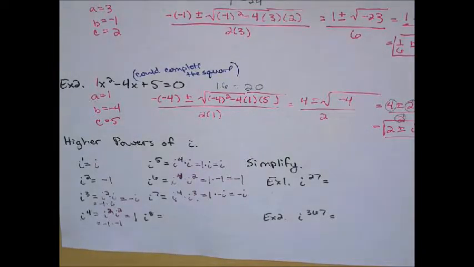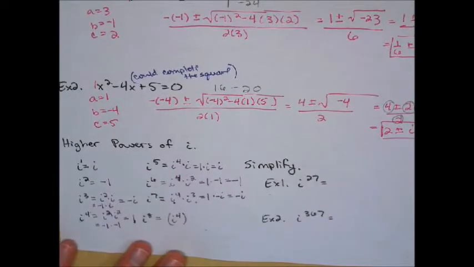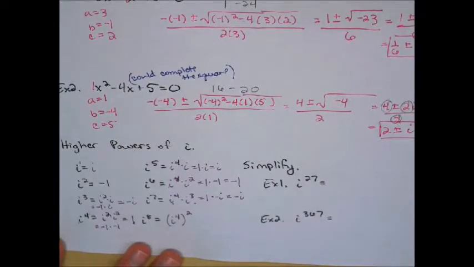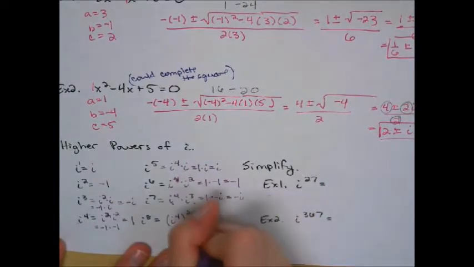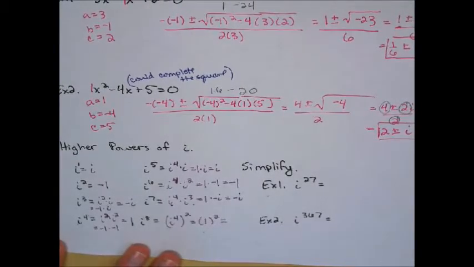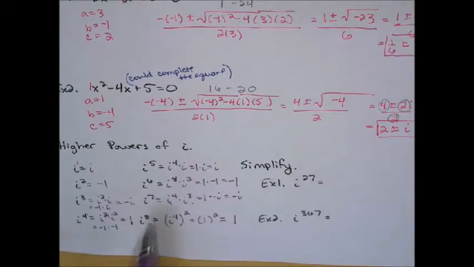I to the 8th. I'm going to write this one a little differently. I to the 4th squared. Do we agree that this is 8? What's I to the 4th? It's 1. 1 squared is 1. So we notice that we're going in rounds of 4. These ones match.